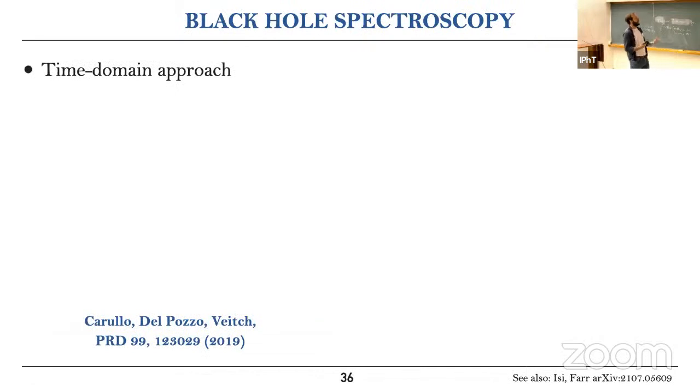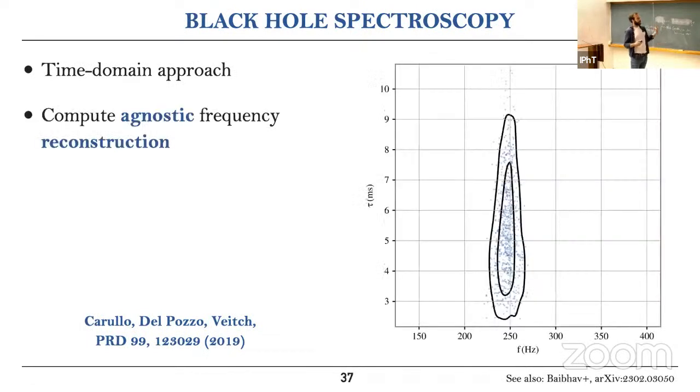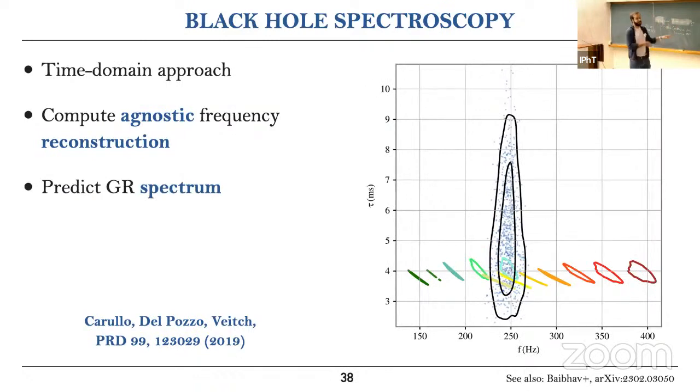The idea in a time-domain approach is that first, you just look at your data, fitting some damped sinusoid, and you get some agnostic frequency reconstruction. So I measure something which has a frequency of around 250 Hertz and a damping time that peaks at 4 milliseconds. This is just agnostic, whatever there is in the data. Then I compare this with the whole spectrum that's predicted by GR.